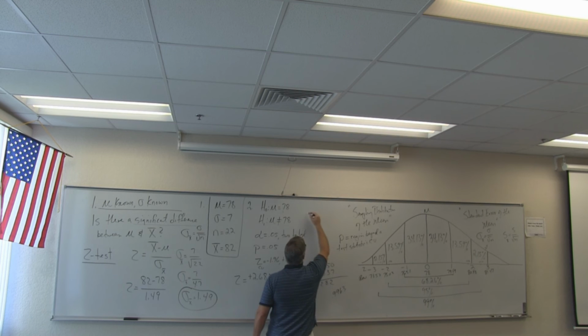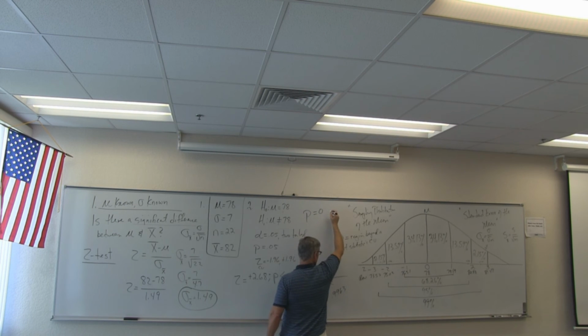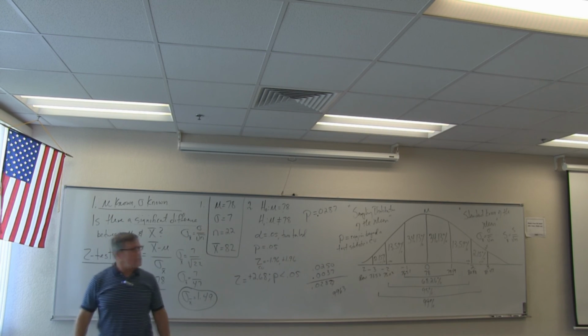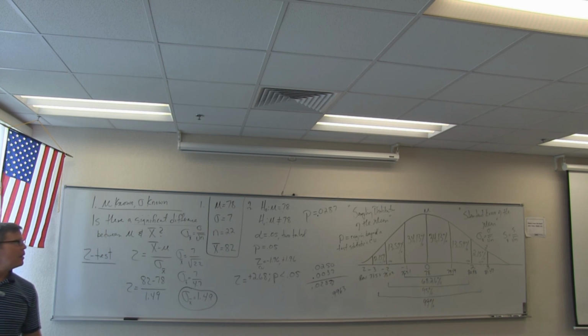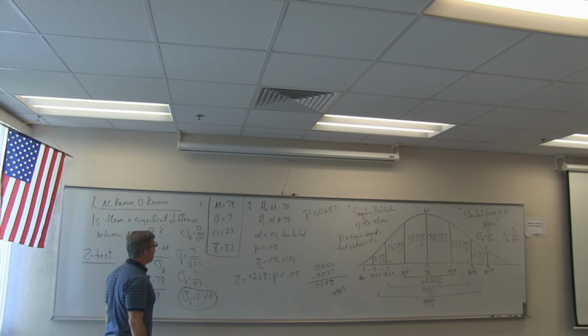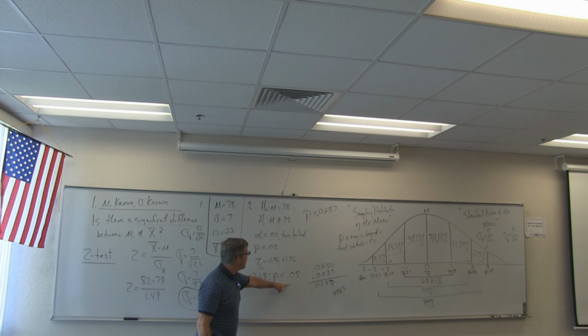P now is actually equal to 0.0287. P has been reduced from 5% to 2.87%. Is 2.87% less than 5%? Yes. If p is less than alpha, reject the null.